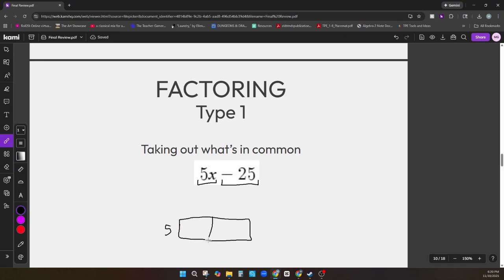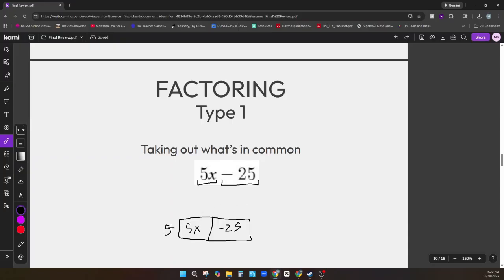So when that happens, I take what I have in common and put it on the outside to the left, and I write my actual expression inside: 5x and negative 25. I'm just writing my expression, but I'm splitting it up into its terms inside of my actual box. So I have two terms, I have two boxes. And then I need to figure out, okay, if I do take out a 5, what's left over?